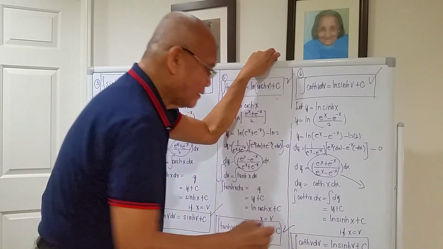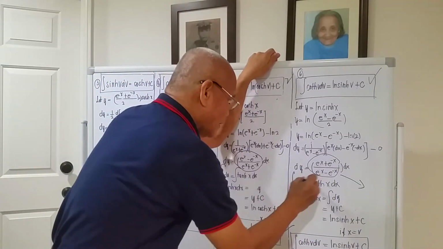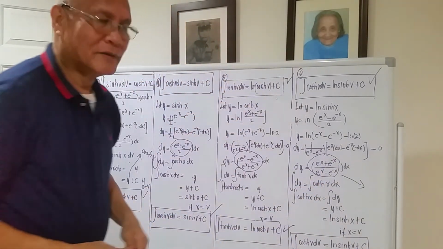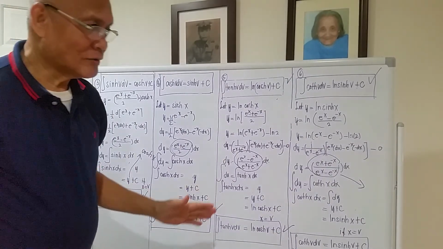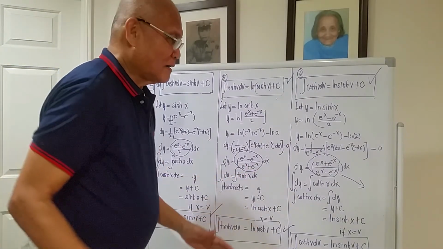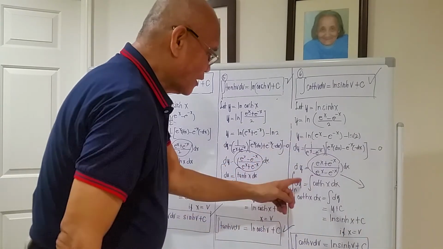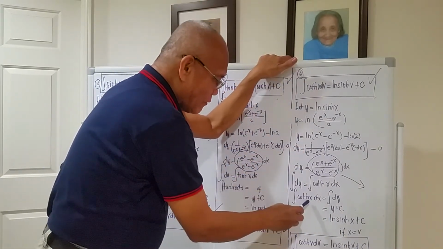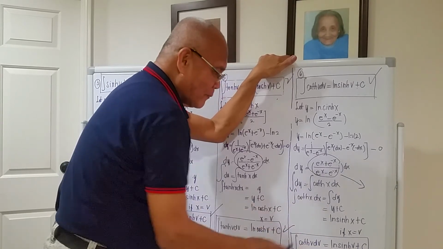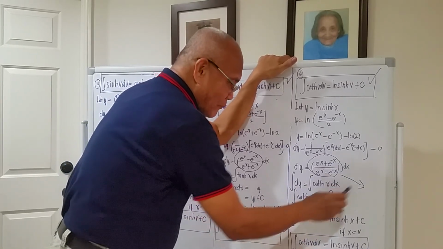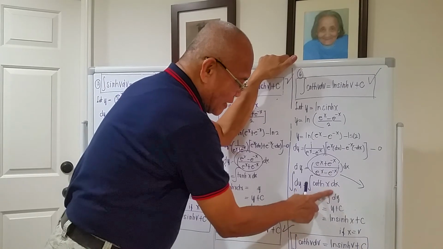Then taking the integral of both sides. Okay? Then we try to transpose the one on the right to the left, the one on the left to the right. Therefore, the integral of hyperbolic cotangent of x dx equal to the integral of the differential of y. This cancels out.